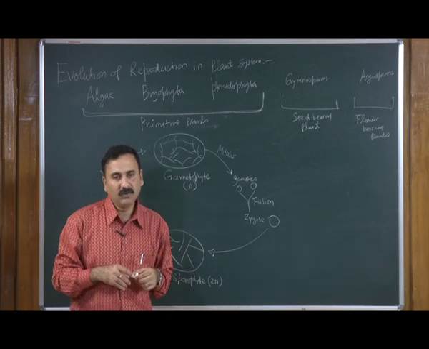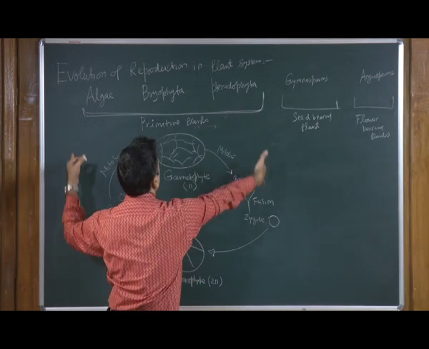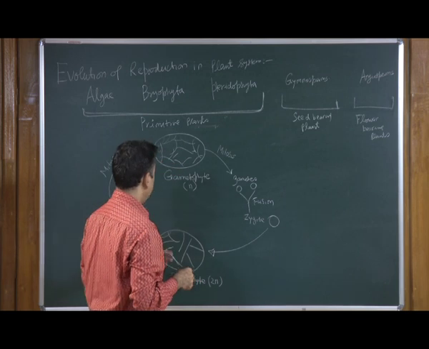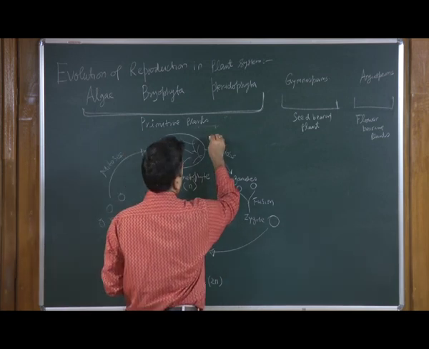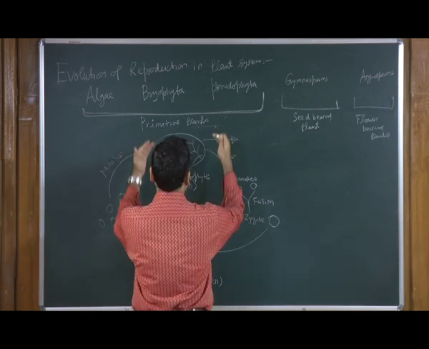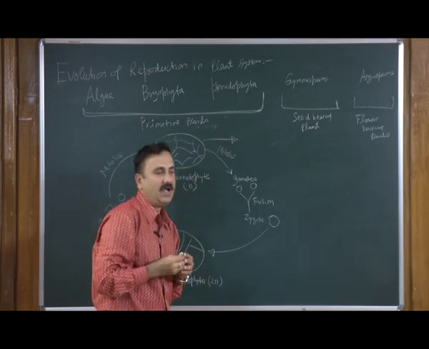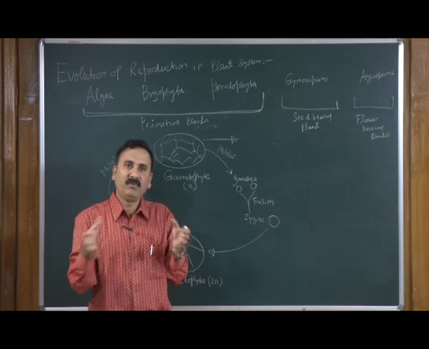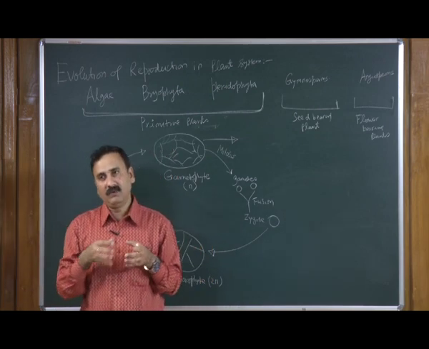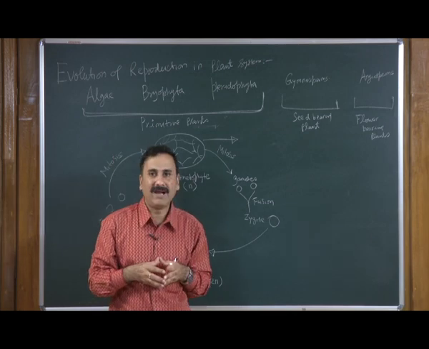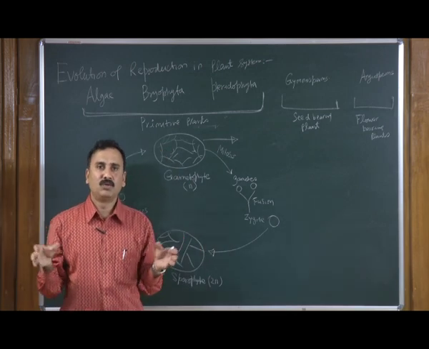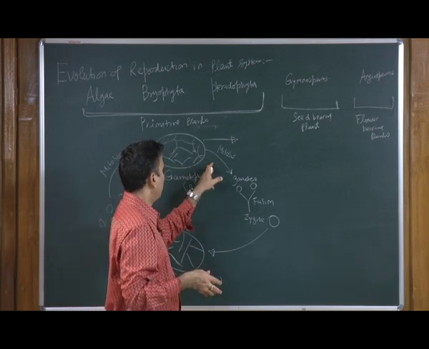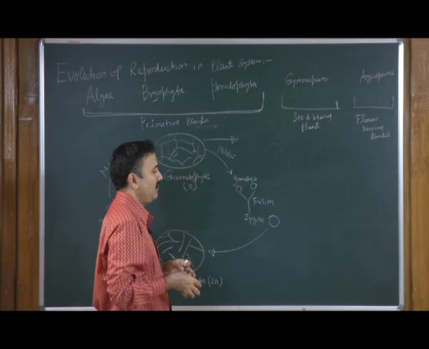So, in these kinds of primitive reproduction mechanisms, the gametophyte and the sporophyte are two individual, different plants. They could come together also, but in many of these cases, because these are primitive plants, they are always growing separately.